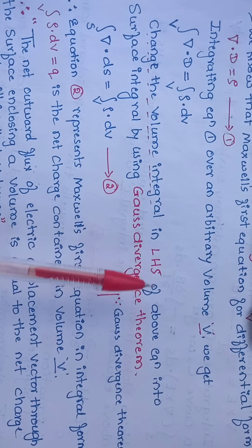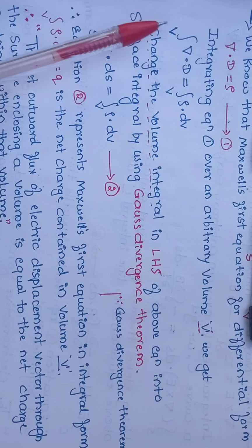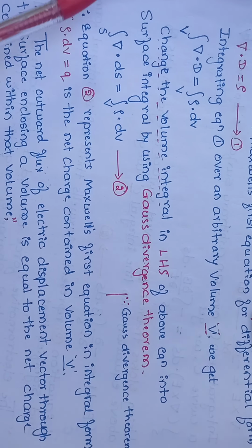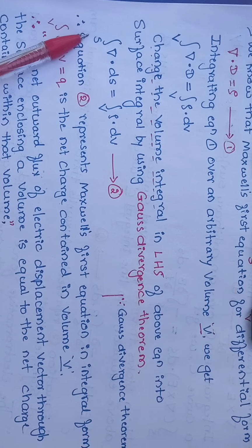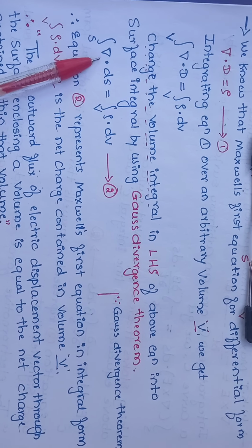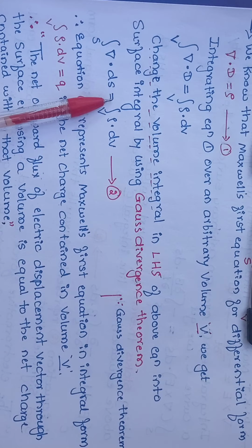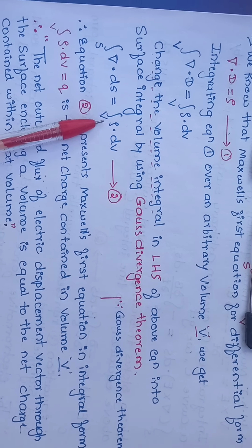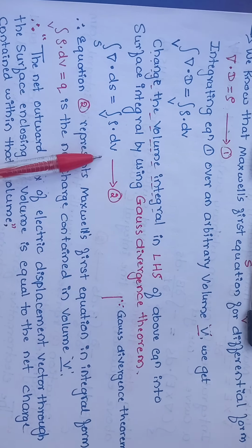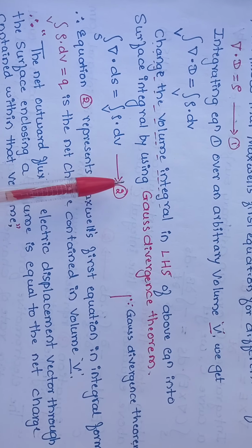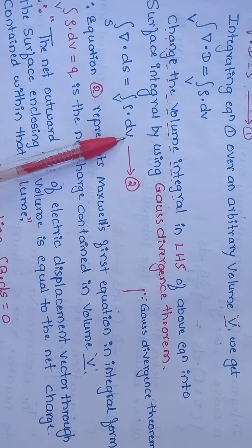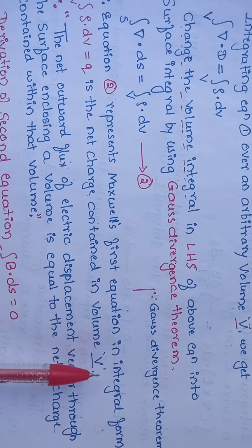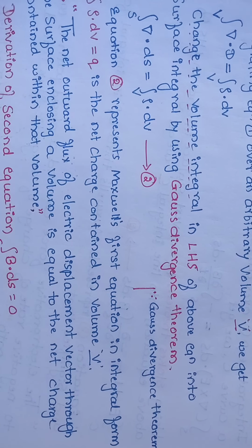Then the LHS becomes the surface integral of D·dS, and the RHS you write as it is, the volume integral of rho dV. Call that equation number 2. Equation 2 represents Maxwell's first equation in integral form.